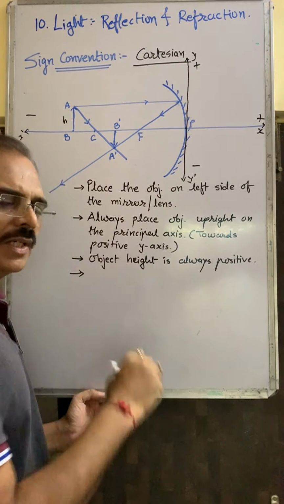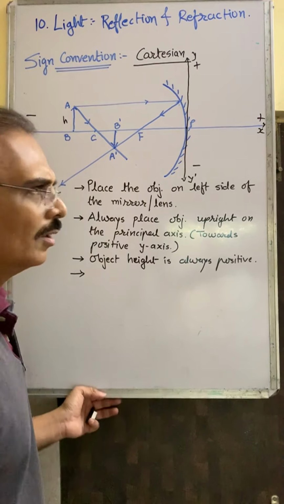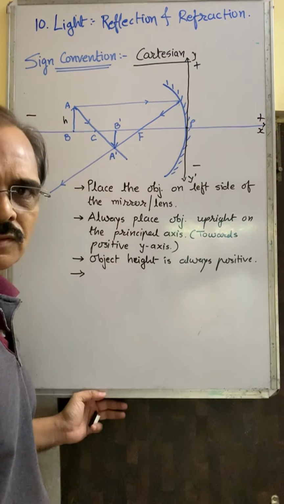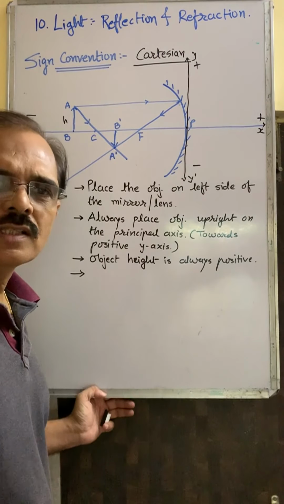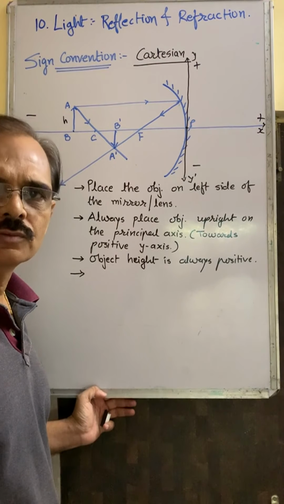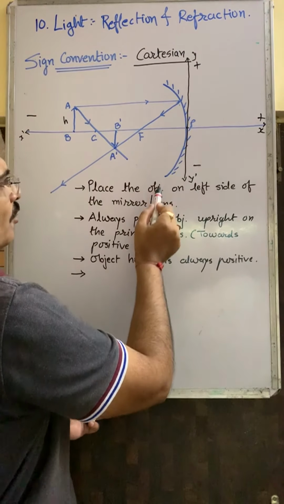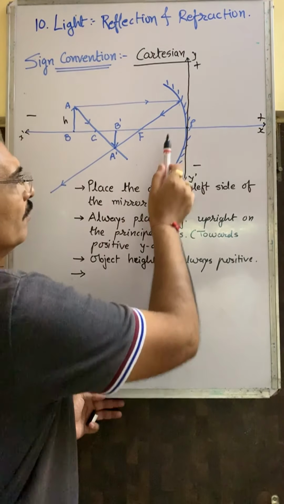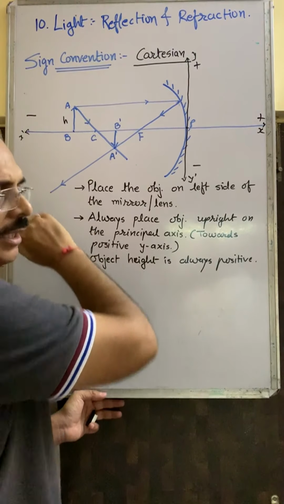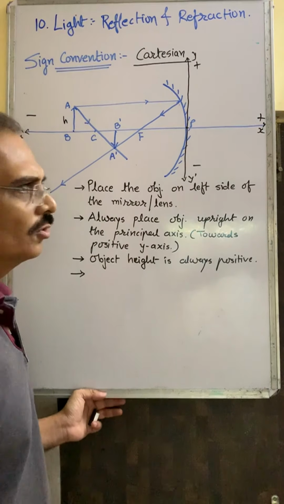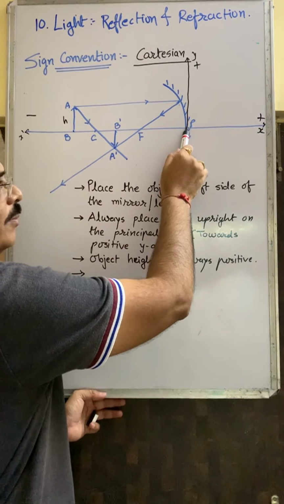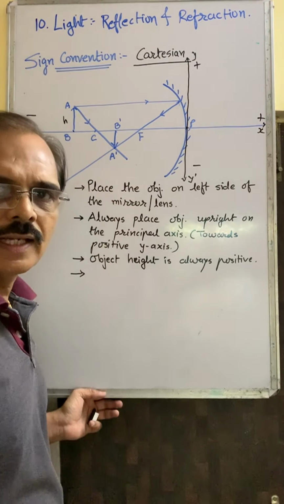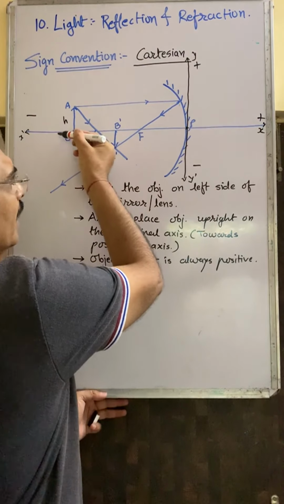So what about object distance? From pole to object, this is called object distance. Object distance is always denoted as small u. If you place your object on the left side of the mirror or lens, then we move towards the negative x-axis. So object distance, always measured from pole to object, is always negative. So we move towards the negative direction.